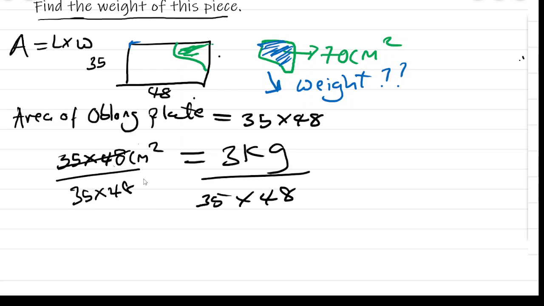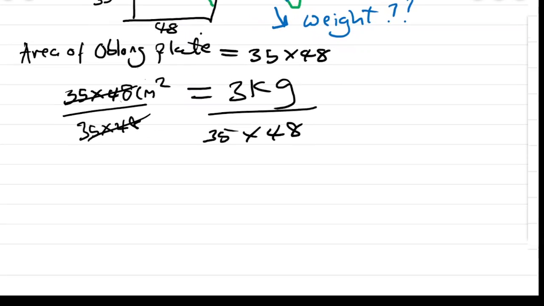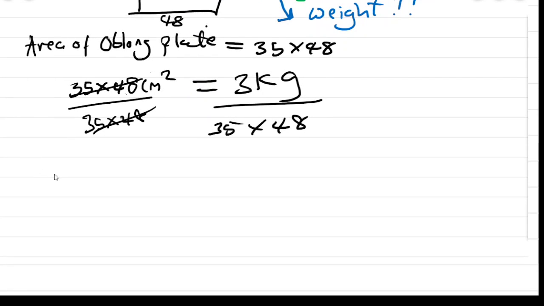So this strikes out, and here we now get the whole thing being equal to, this is telling us that 1 square centimeter, one square unit of area, is 3 over 35 times 48.